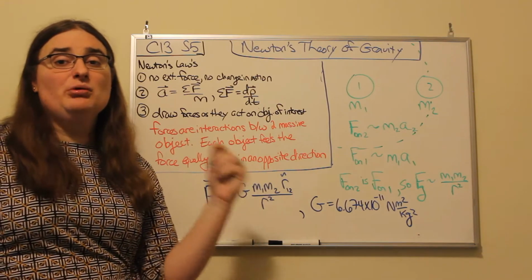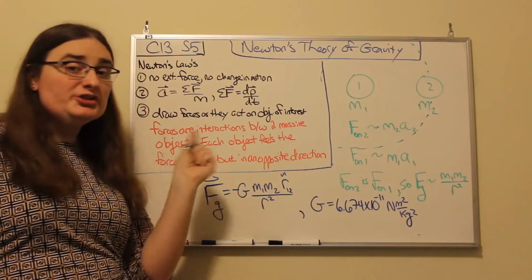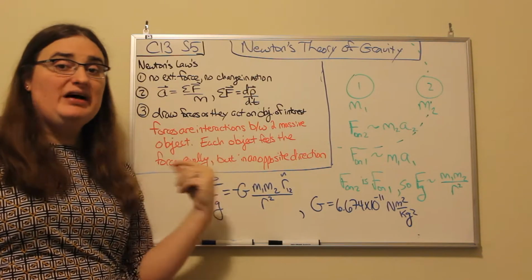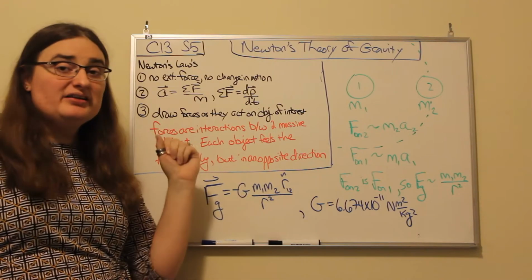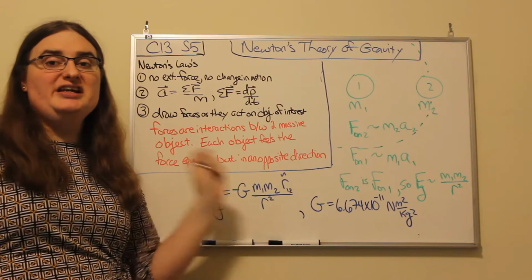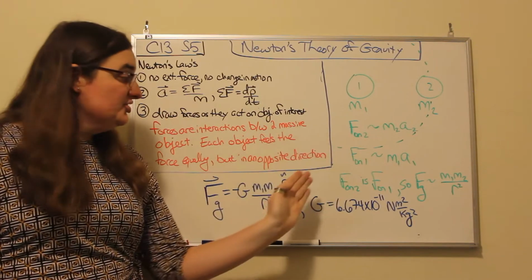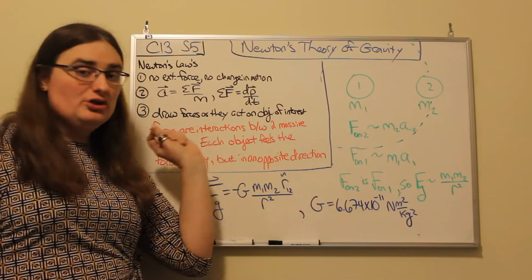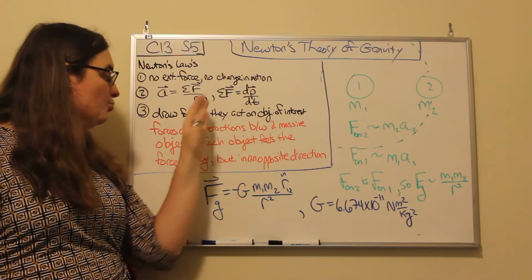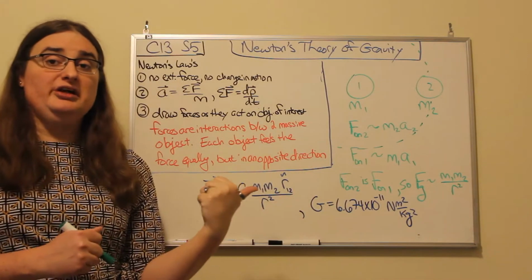This is the case, though, where we need to go back to the more careful definition. Forces are interactions between two massive objects. Each object feels the force equally, but it feels the force in an opposite direction. That is, what action and reaction stands for is that there's one interaction, one force between the two objects, two ways to look at it.